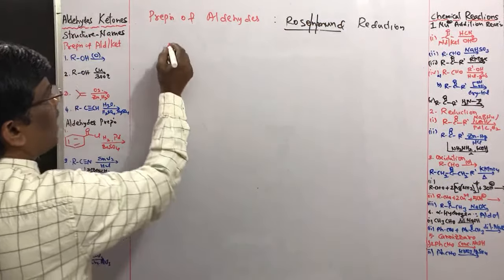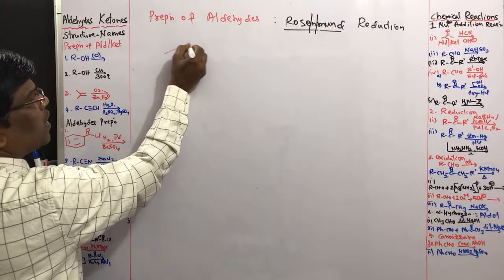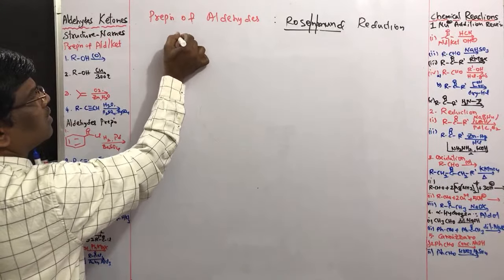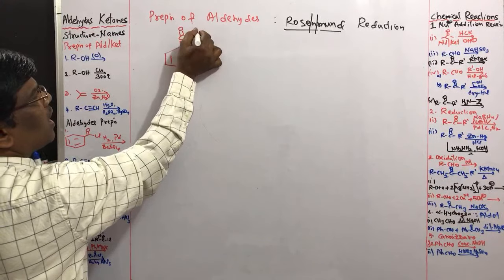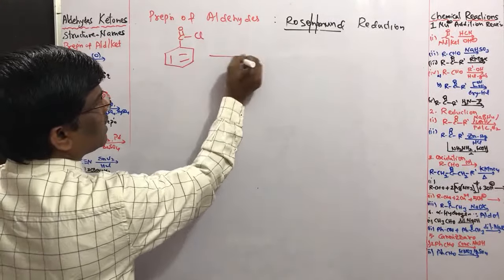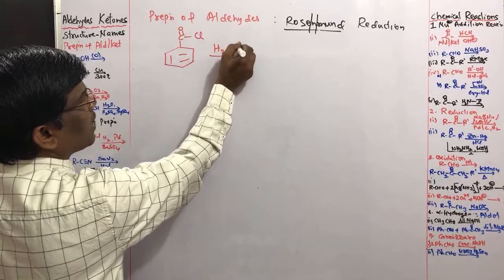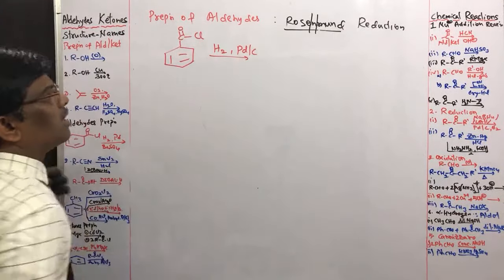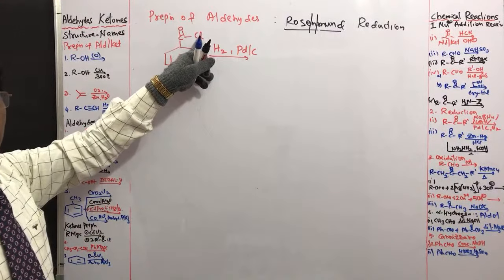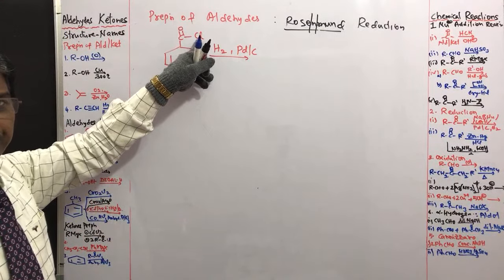Acyl halides, for example benzoyl chloride. When I treat it with hydrogen in presence of palladium on carbon, it reduces the halogen to hydrogen.